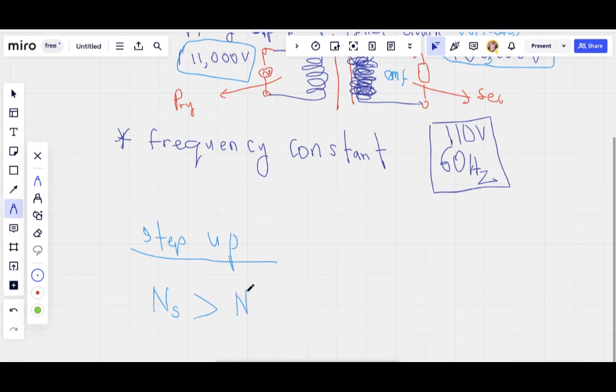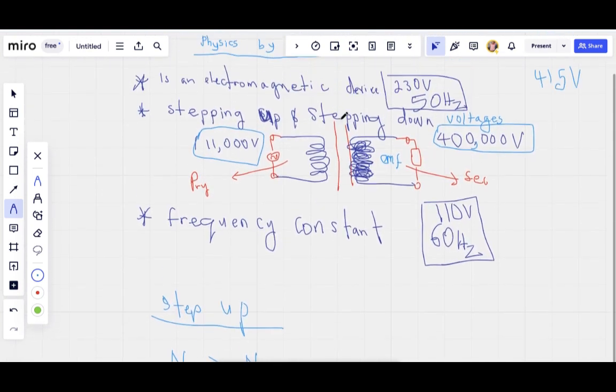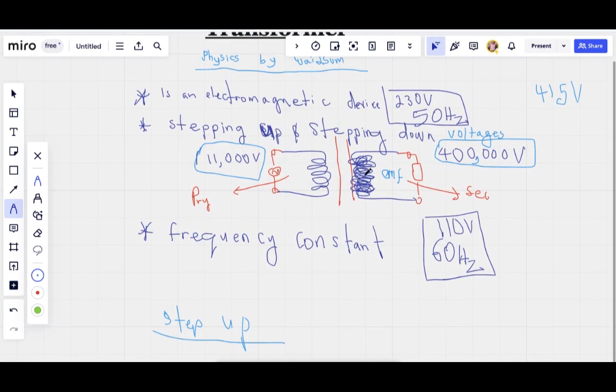Like the one we've created above, if you take a look at this, there are more turns in the secondary than in the primary. So this is a step up transformer.